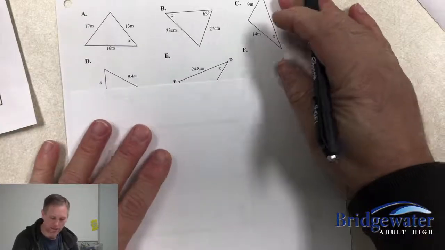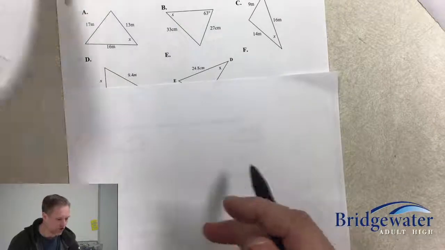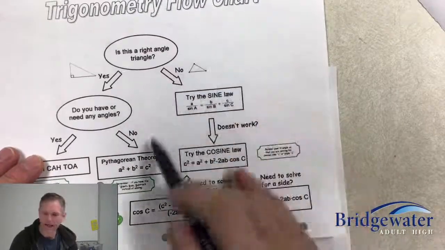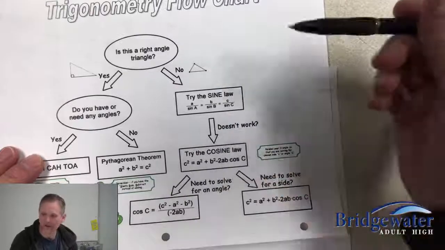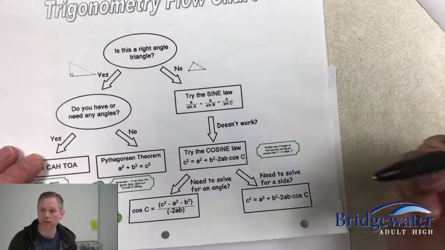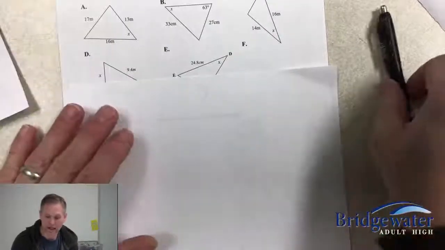Now, what I'm going to say is when it's not a right angle triangle, and you're in the process of labeling things, it might already be labeled with the ABCs, but I'm going to say you need to relabel that triangle. We didn't do that before, but you should do that now.